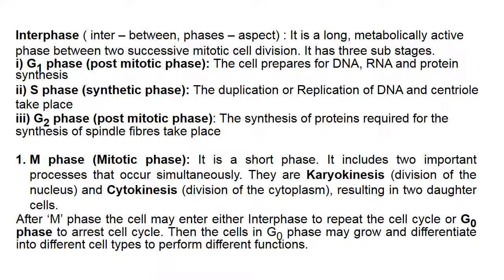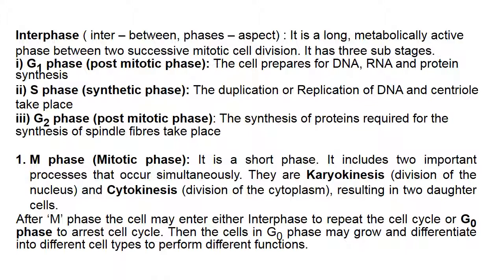M phase, the mitotic phase, is a short phase and includes two processes: karyokinesis, that is division of the nucleus, and cytokinesis, that is division of the cytoplasm, resulting in two daughter cells. After M phase, the cell may enter either interphase to repeat the cell cycle, or G0 phase to arrest the cell cycle.